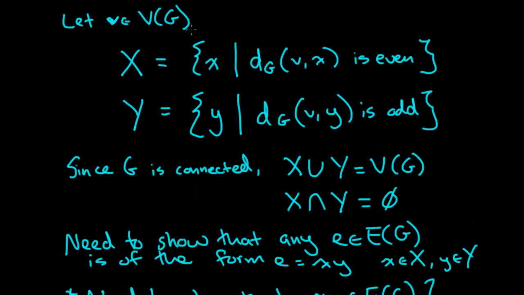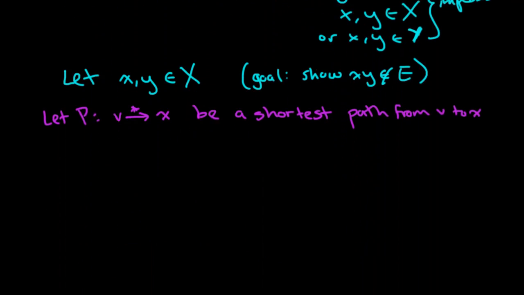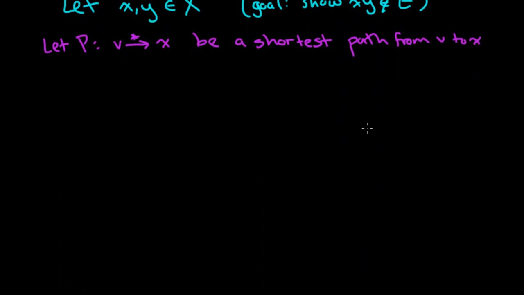We chose V so that every other vertex was partitioned into two partite sets depending on if its distance from V was even or odd. That's the vertex V that we're talking about. So we're now going to let P be a shortest path from V to X.